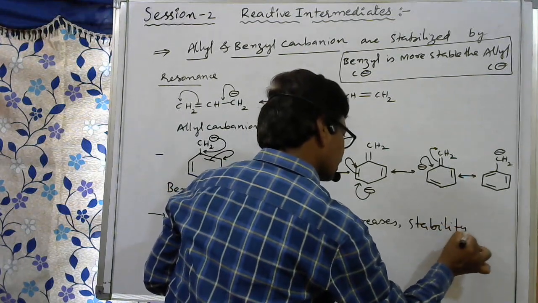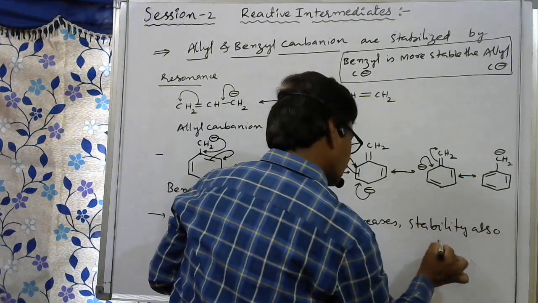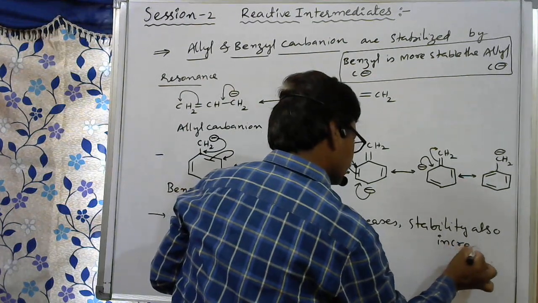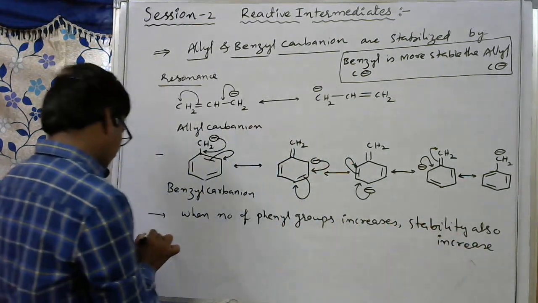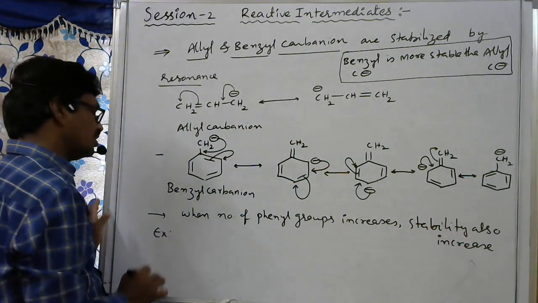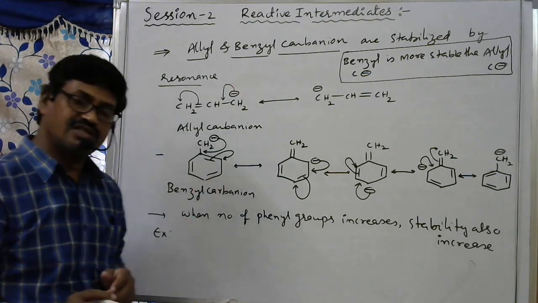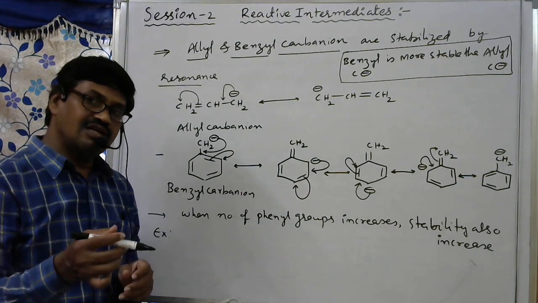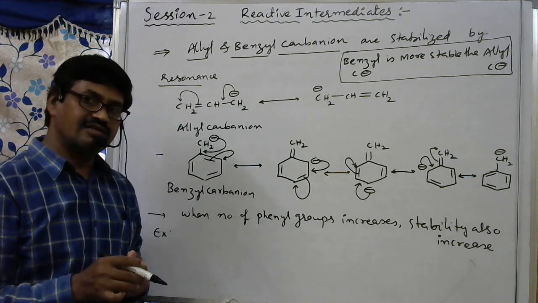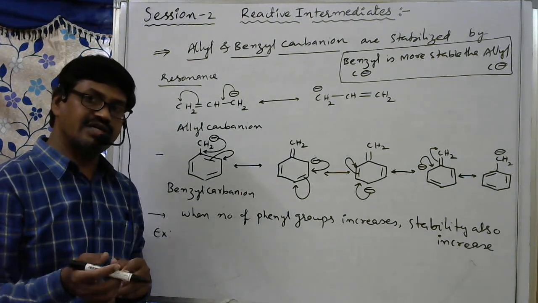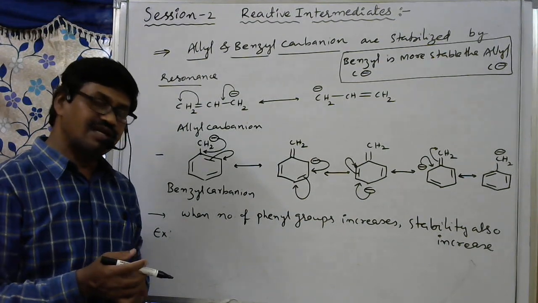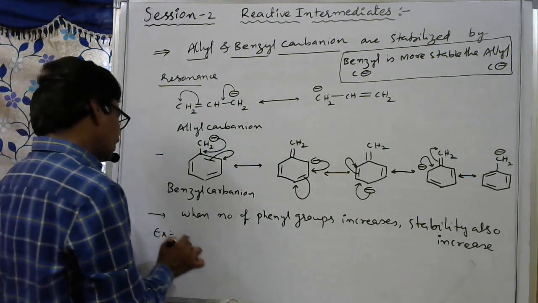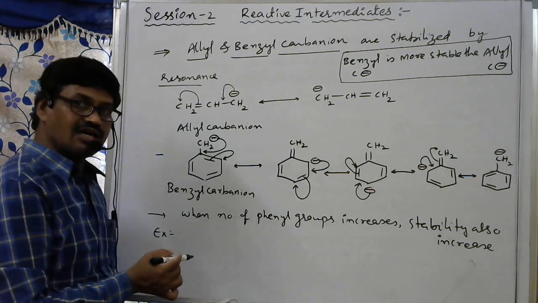For this I am giving one more example. In the previous session we discussed phenyl methyl carbocation, diphenyl methyl carbocation, and triphenyl methyl carbocation. Like this, here also we have phenyl methyl carbanions.